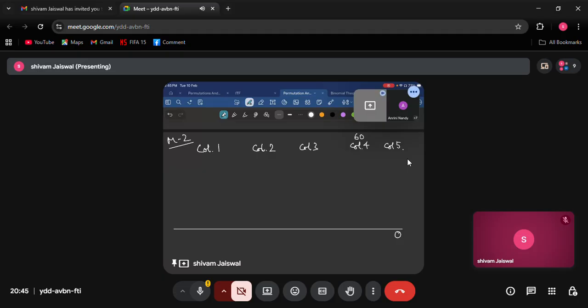Again, what will be the sum of all the numbers? 600 plus 60, 660. So 0 over here, 66 carry over. Again, what is the sum? 600 plus 66. So 6 over here, 66 carry over. Then again, what is the sum over here? 600 plus 66, 666 over here, 6. So 66 carry over.